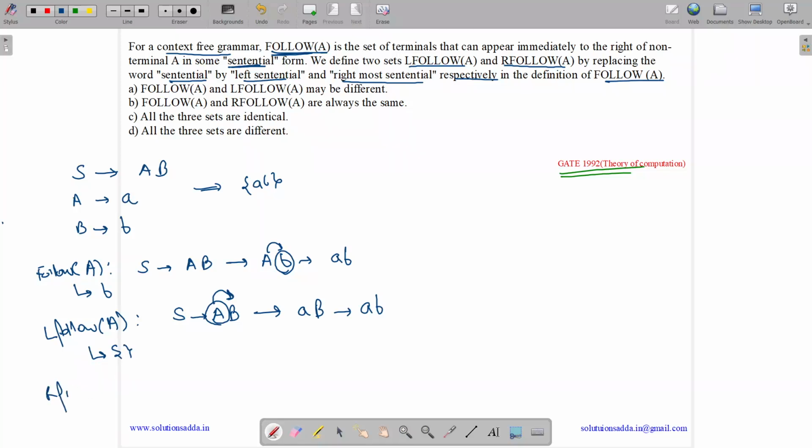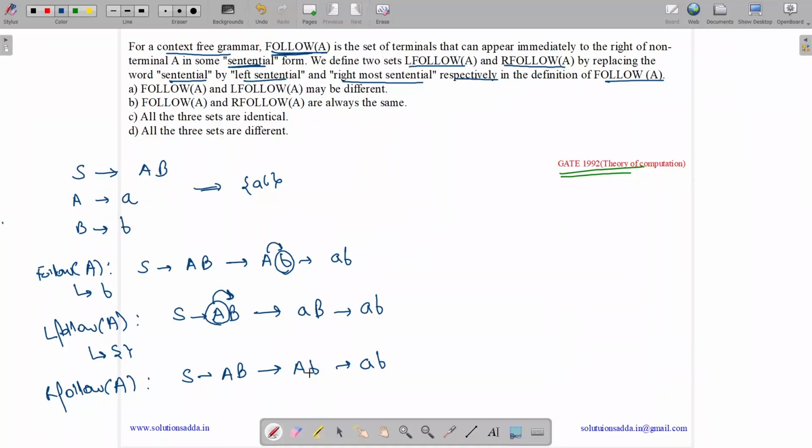Let us see R follow of A. R follow of A is the set of terminals that can appear to the right of a non-terminal A in some rightmost sentential form. So let us do the rightmost derivation. Every time the rightmost non-terminal is replaced, then capital A is replaced by small a.